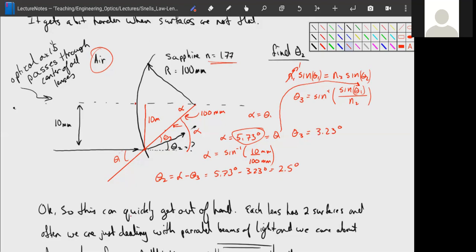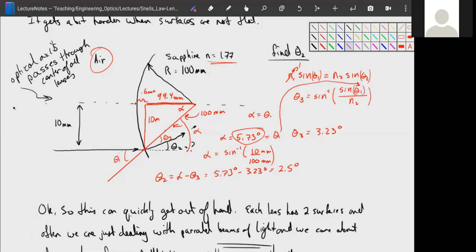Yeah, cool. Then we can figure out where it starts too, because we can figure out this distance here. That distance is going to be equal to 99.4 millimeters. We just use the Pythagorean theorem: 100 squared minus 10 squared, square rooted. So that means this distance is 0.6 millimeters.